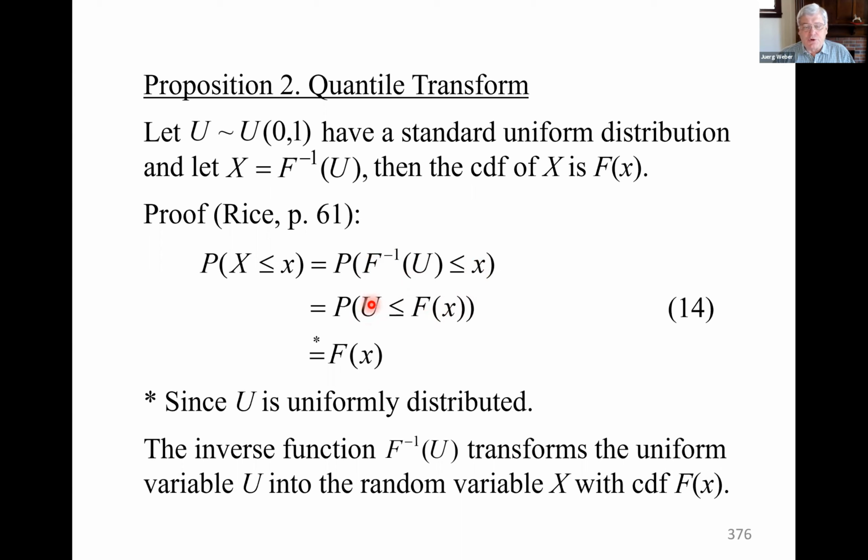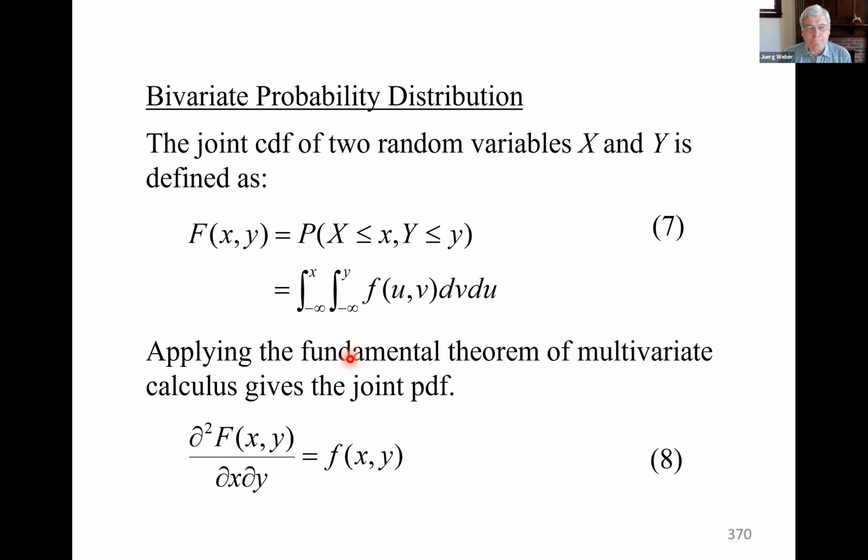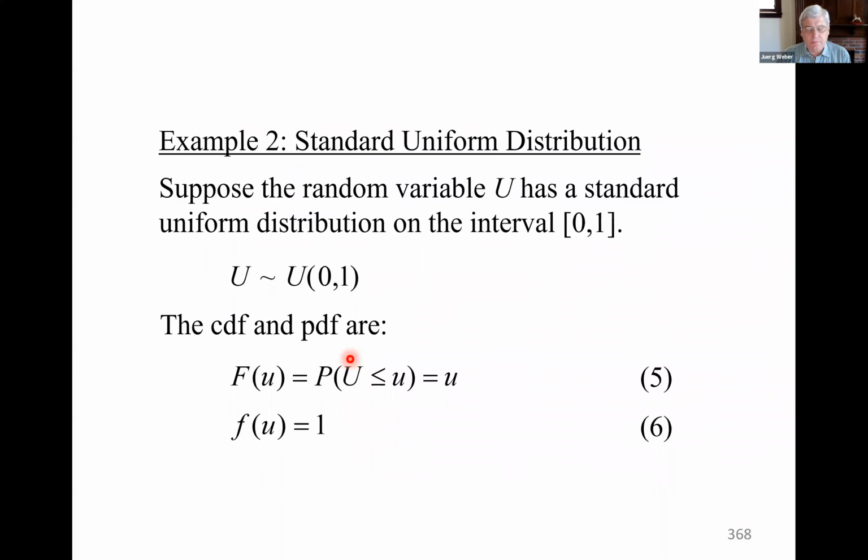And because the u is uniformly distributed, this must be Fx down here. You see, since u is uniformly distributed, you get here down here Fx. That's again from the definition of the uniform distribution. You see, with uniform distribution, Fu is just equal to u. Here in equation 5, you have the 45-degree line.